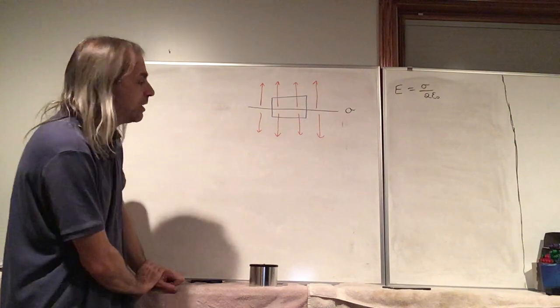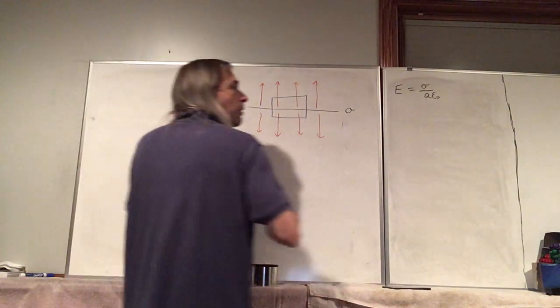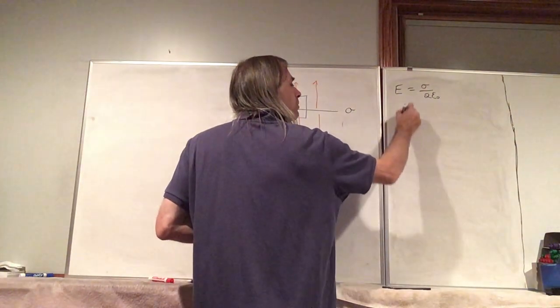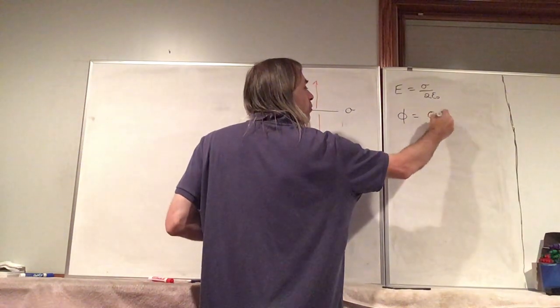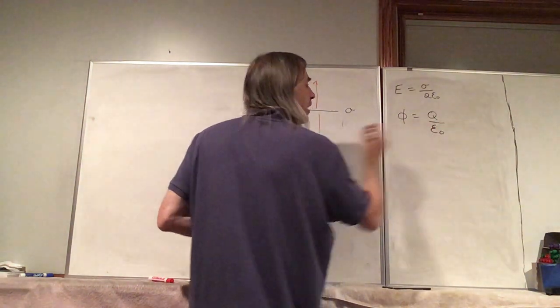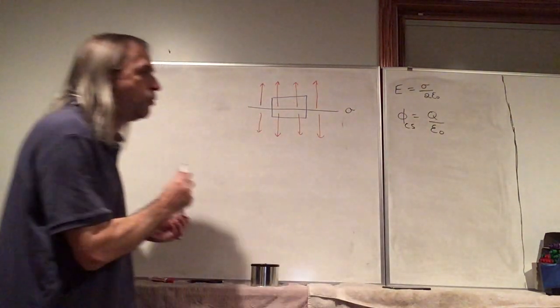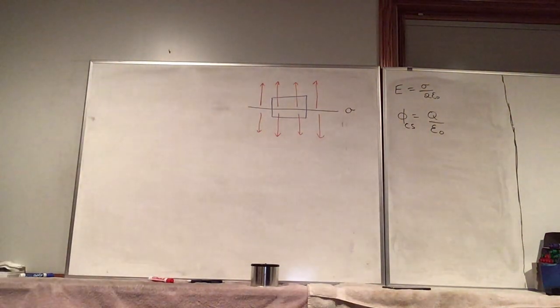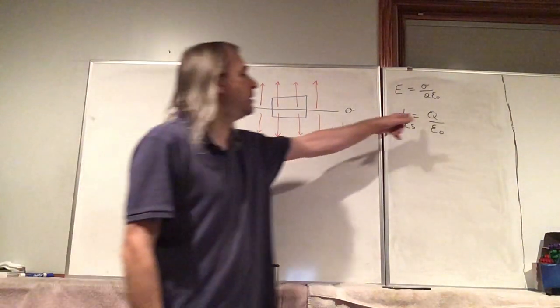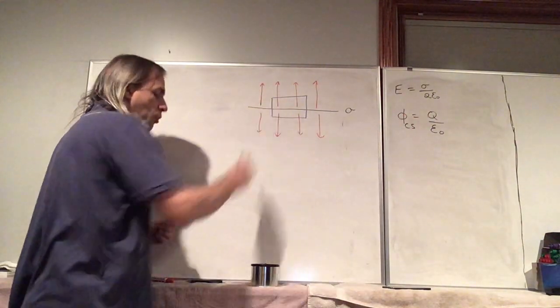Now, the key to Gauss's law, the flux is equal to the charge over epsilon naught. Now, the thing is, this is for, I'll just write CS, for closed surface. So we have to have a closed surface. And the charge is whatever is enclosed.